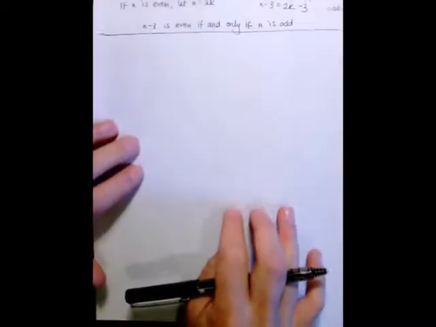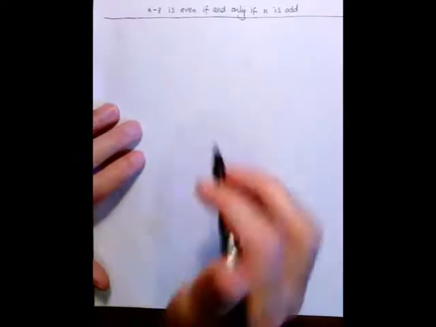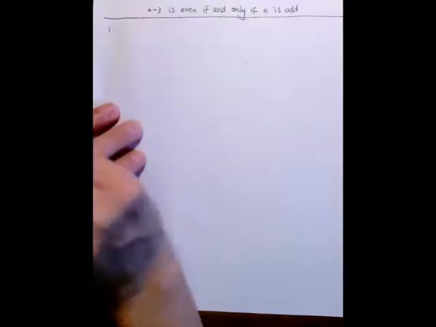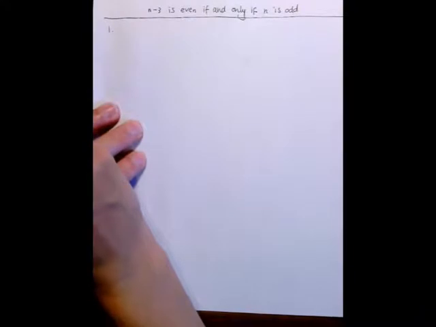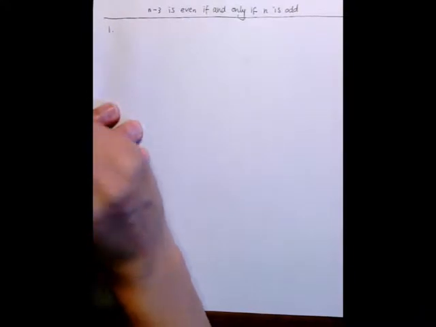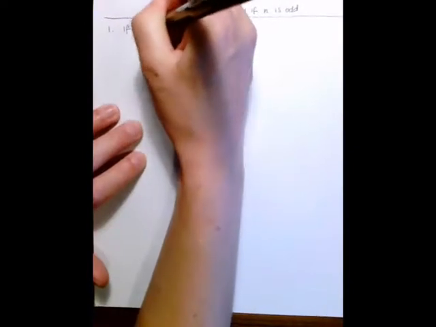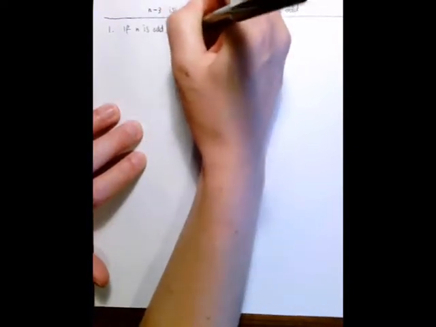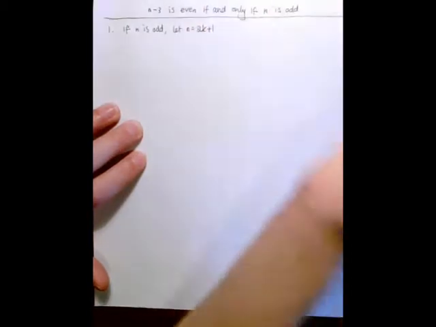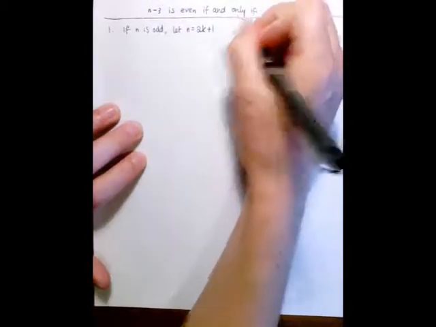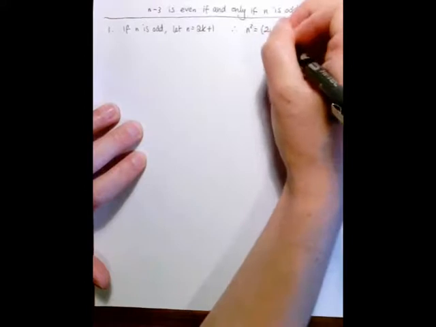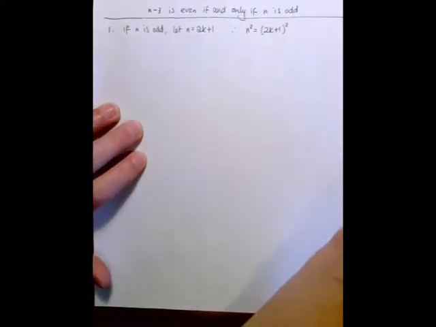Okay, so then the next one, which is number 1, the green questions. Prove that if n is odd, then n squared is also odd. So if n is odd, we let n equal 2k add 1. Therefore, n squared would become (2k add 1) squared.